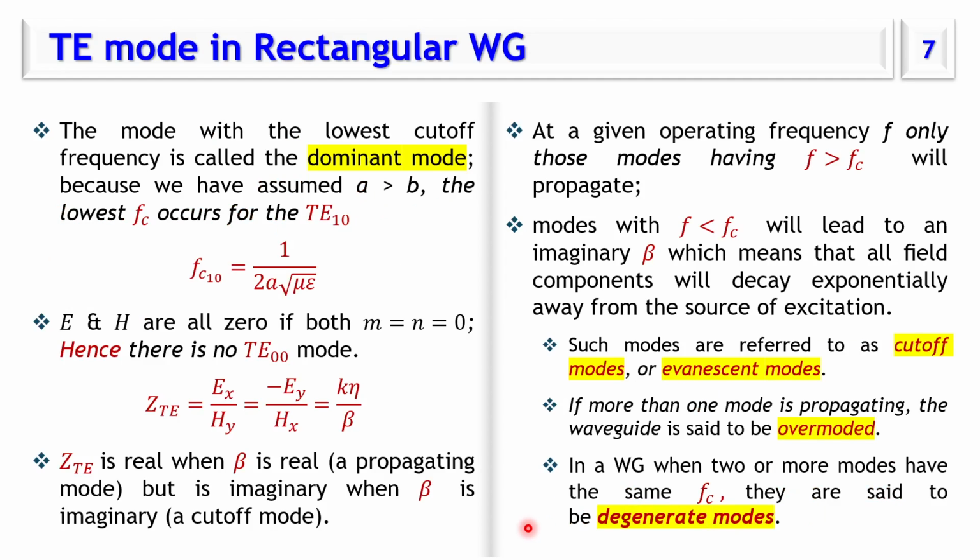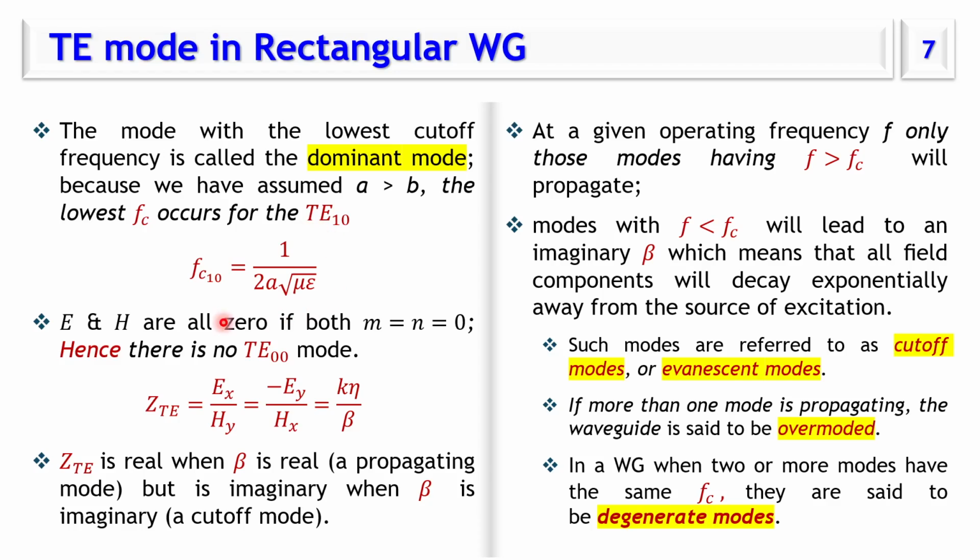Okay, today we'll introduce a large number of definitions, so you need to just grasp them. The dominant mode is the mode with the lowest cutoff frequency, because we assume A is larger than B. The dominant mode will be TE10.